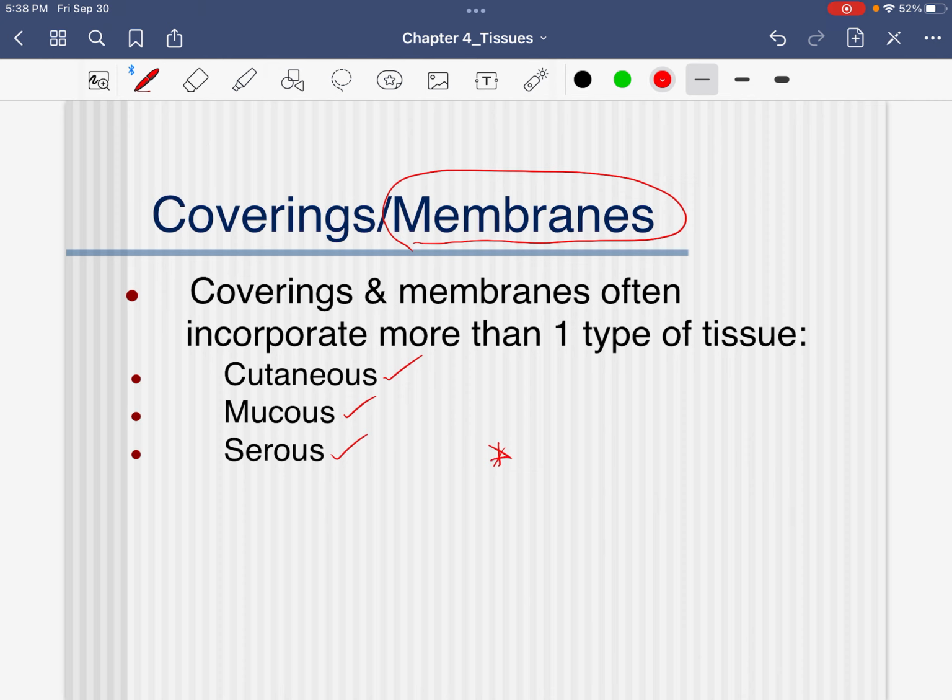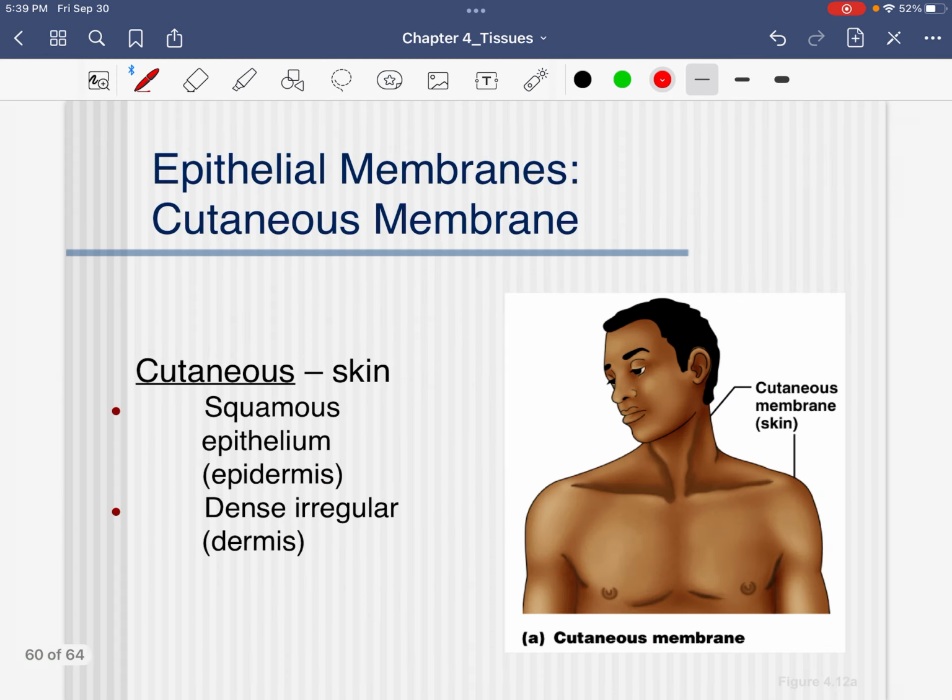These membranes, all three of them, will be made up of epithelial tissue. And then remember, what type of tissue is always found underneath epithelial tissue? Connective. So by and large, each of these membranes is made up of epithelial and connective tissue. That's all you need to know about that.